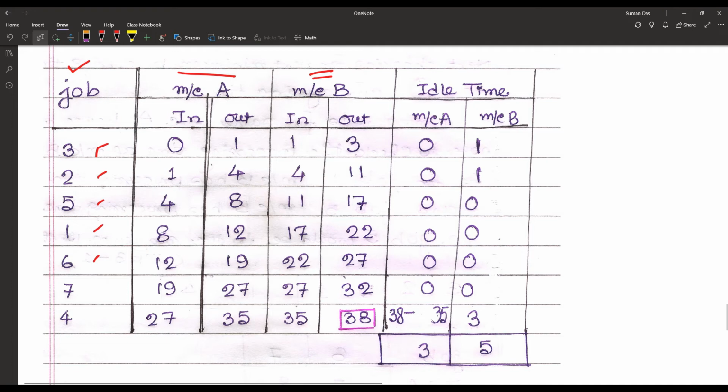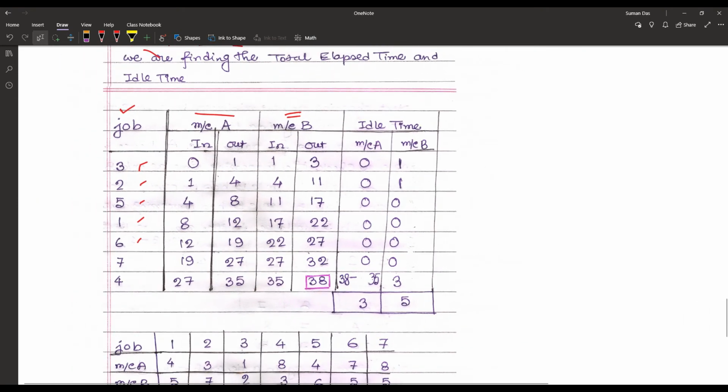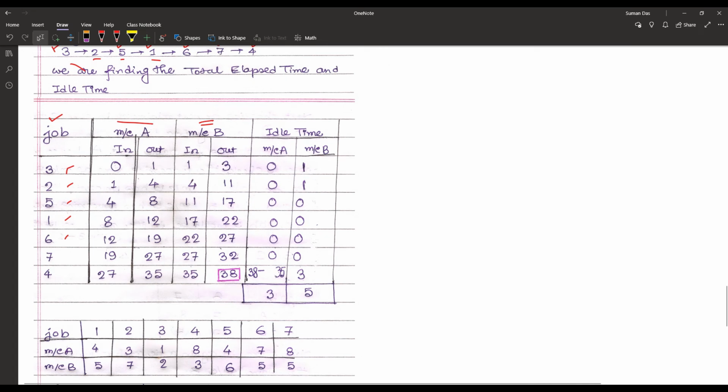Now we have to check the initial table also. That was our initial table, where the processing times have been given.